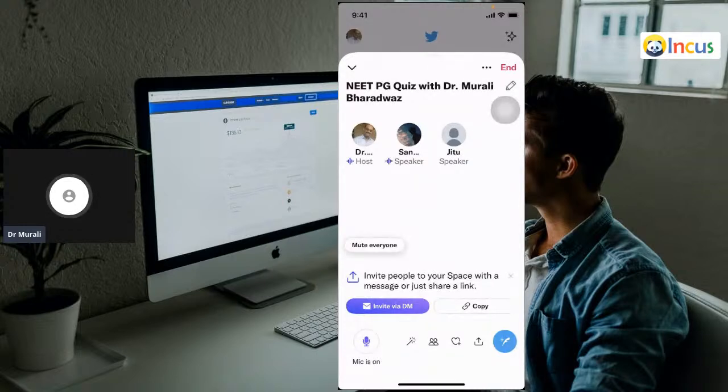Enteric gram-negative. Yeah. Enteric gram-negative bacilli. E. coli, Pseudomonas, Klebsiella, they are very common. And most common cause of lobar pneumonia? Pneumococcus. Very good.